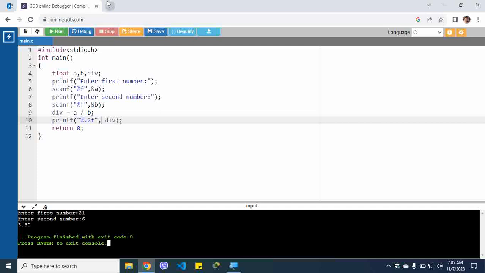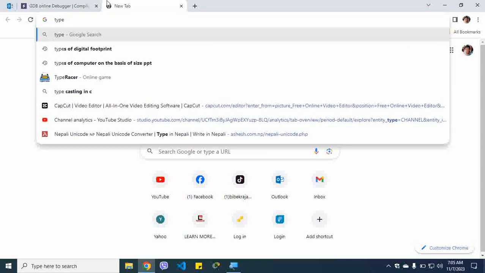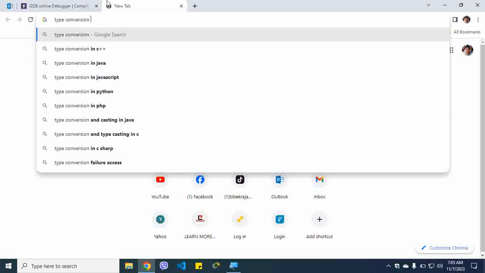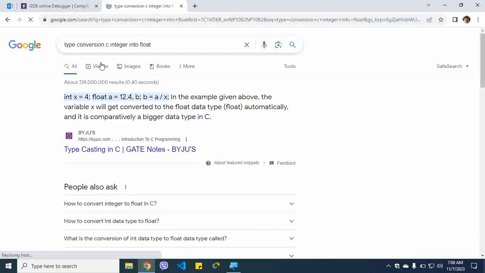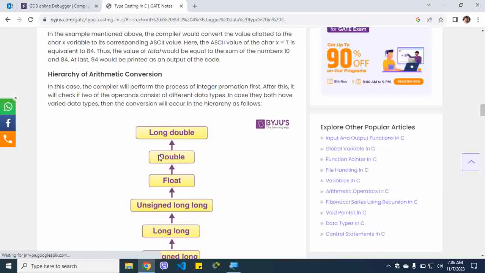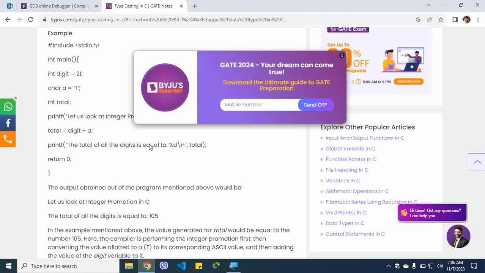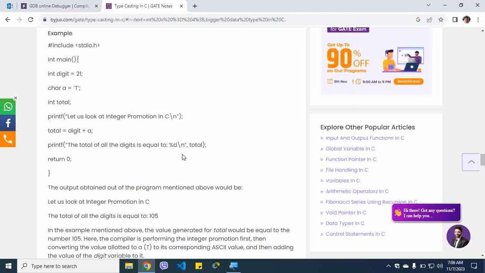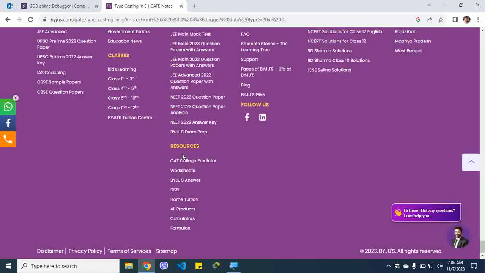This one, and next, what you are doing by taking input is type conversion here. In type conversion, see integer into float.